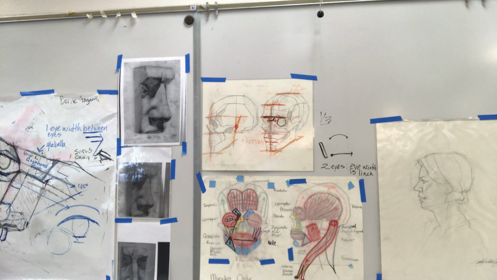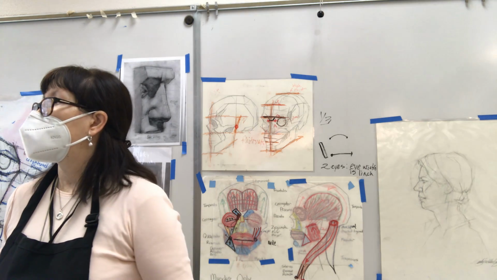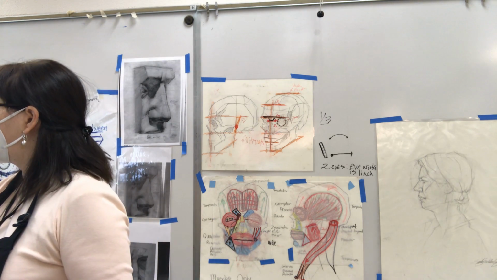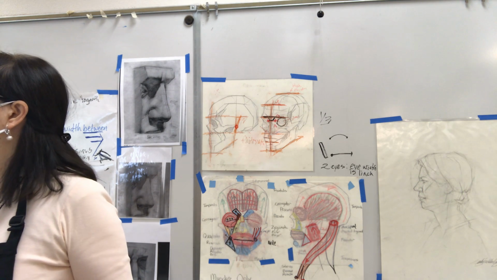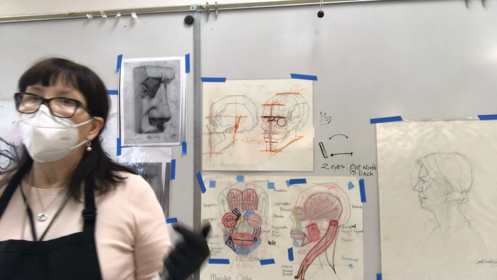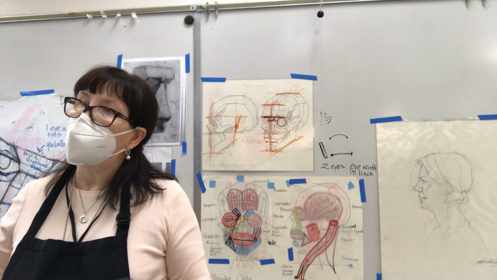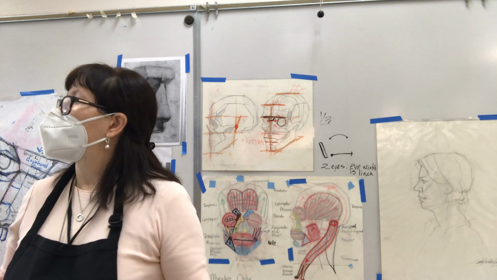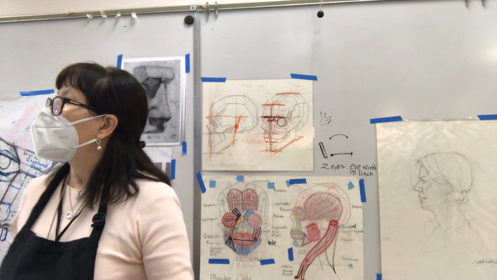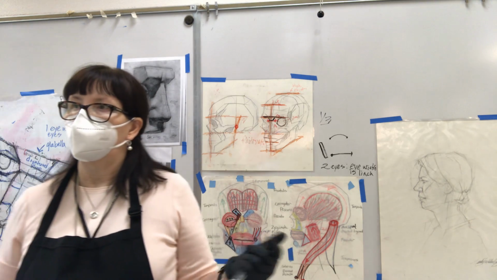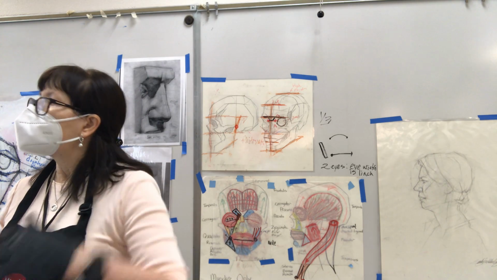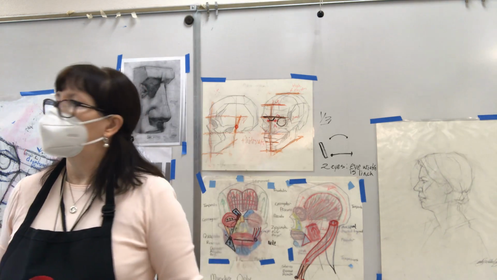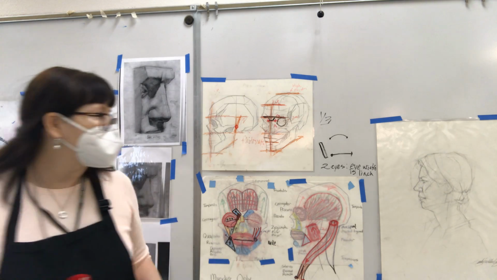Now, if we were drawing in the ideal, that would be a perfect measurement. When you look at the drawings of Leonardo da Vinci, his models all look the same, don't they? They were doing inventions, and they had what was called a canon for ideal proportions. So some of these measurements that I'm giving you are ideal proportions of length. But then you apply that information to the model that you're drawing, okay?